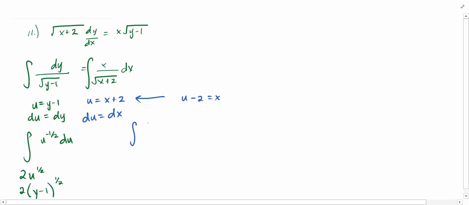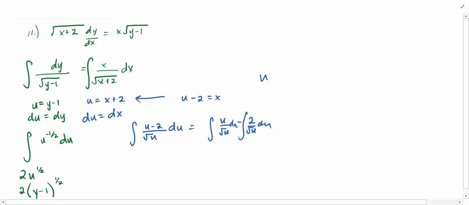So now this integral becomes, instead of x, it's u minus 2 over the square root of u du. This may not look a lot cleaner than what we started with, but it is, because now we just have one fraction at the bottom and we can separate it. Because this is the same as u over square root of u minus 2 over square root of u. And we could do those integrals separately.